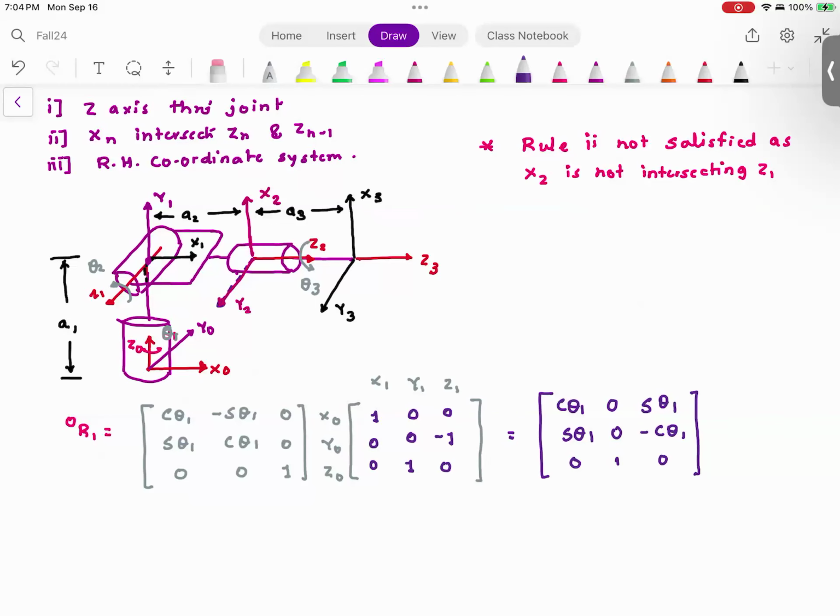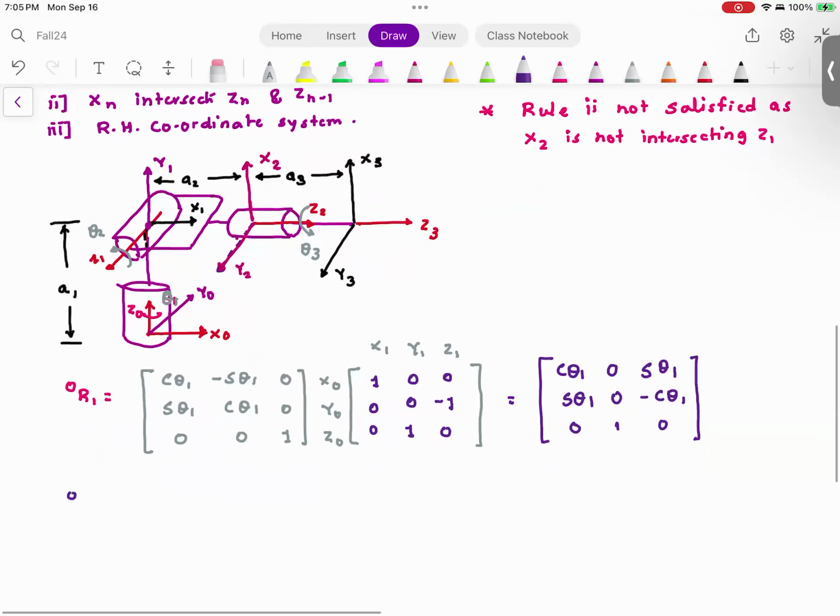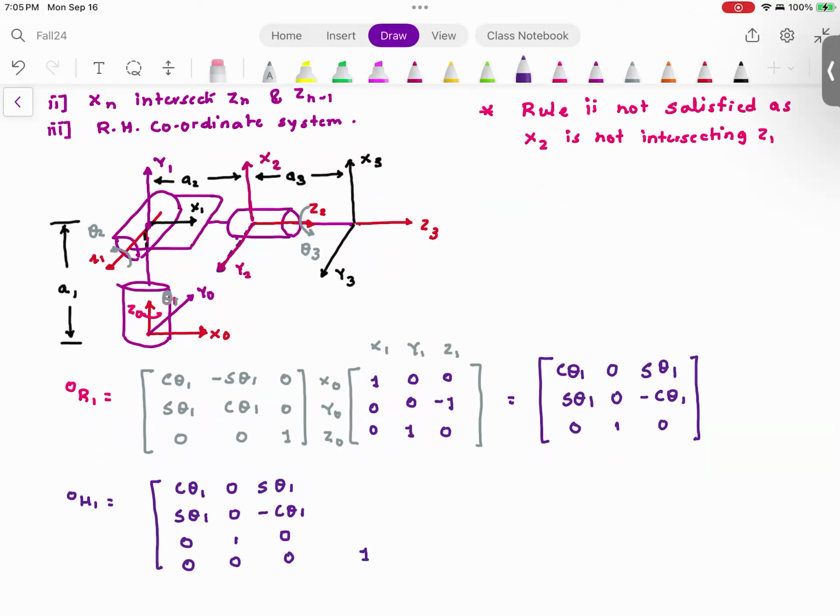Let's not forget the homogeneous transformation, 0H1: cosine theta 1, 0, sine theta 1, sine theta 1, 0, minus cosine theta 1, 0, 1, 0, 0, 0, 0, and I have 1 here.